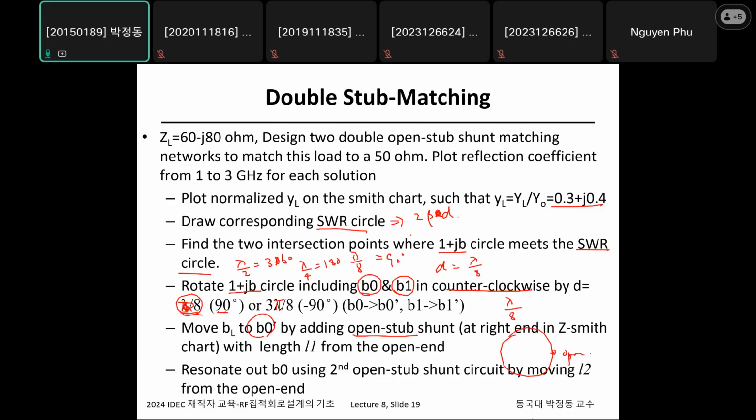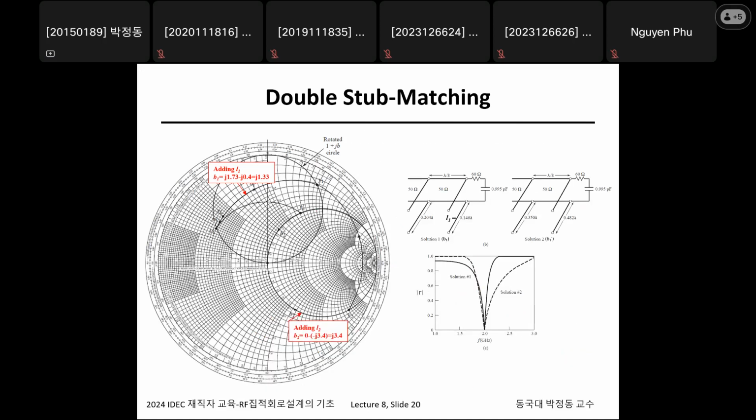And just make L1 to rotate. Once you do that, then you just choose L1 and L2, and move this to here, 90 degree, and move this to here, 90 degree.